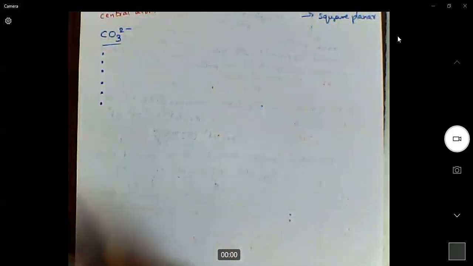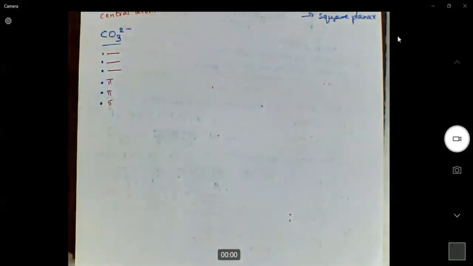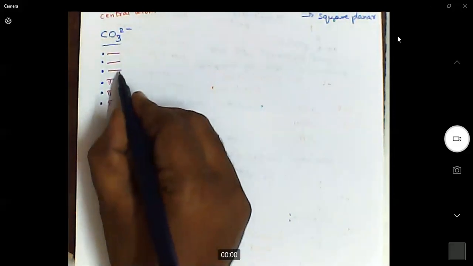Now we have 3 oxygens. As I said, each oxygen will generate 1 sigma bond. At the same time, each oxygen will also be involved in 1 pi bond. We will consider only the sigma bonds in order to identify the shape.